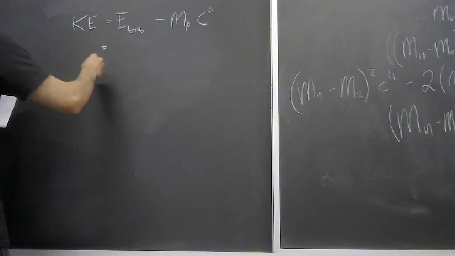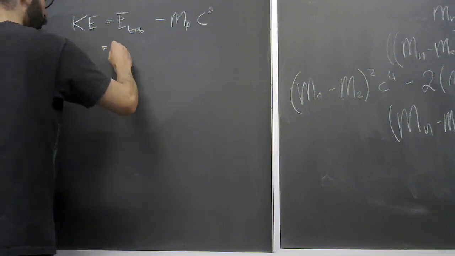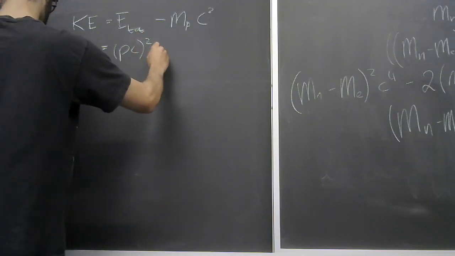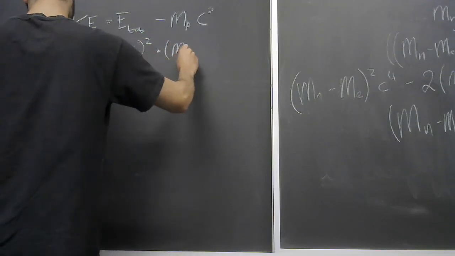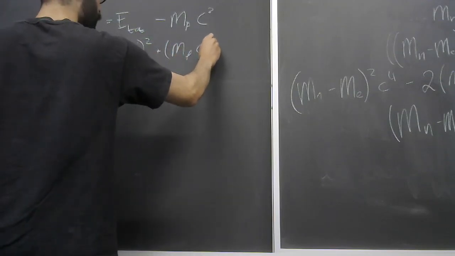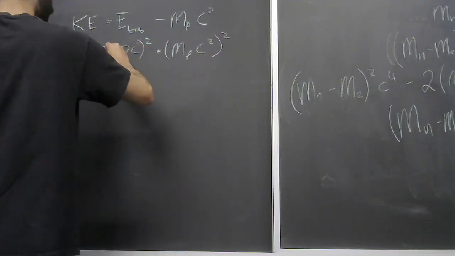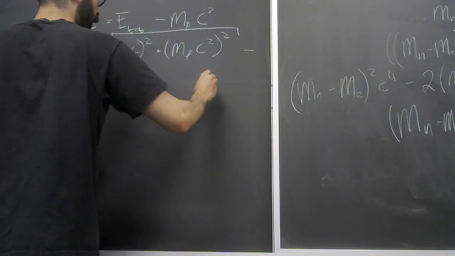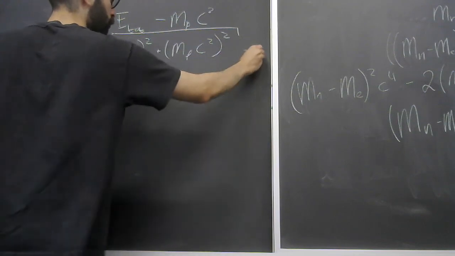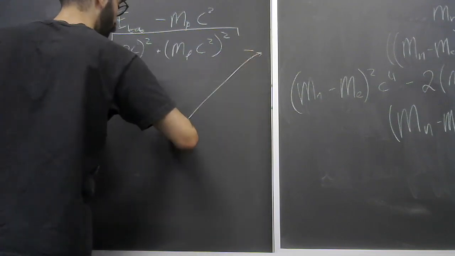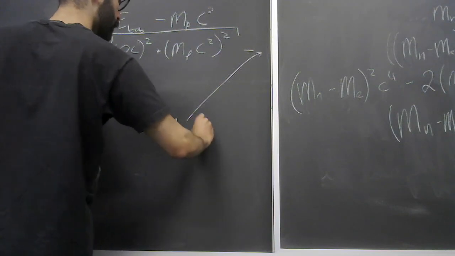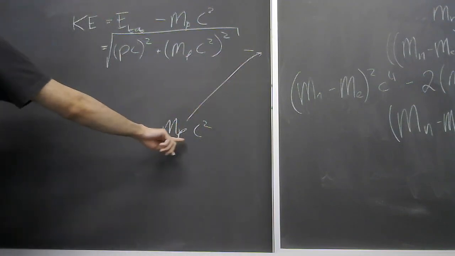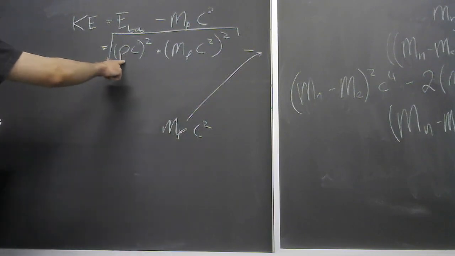And the total energy equation we're going to use is the momentum one: the square root of (pc) squared plus (mp c squared) squared, minus mp c squared. So the total energy minus the rest mass energy, which is mp c squared.